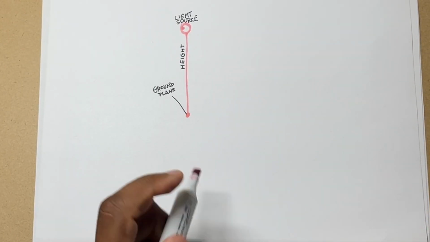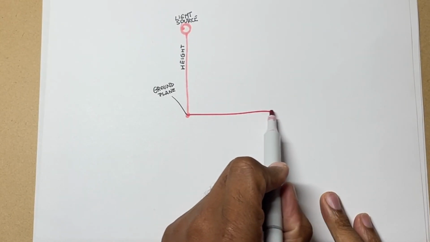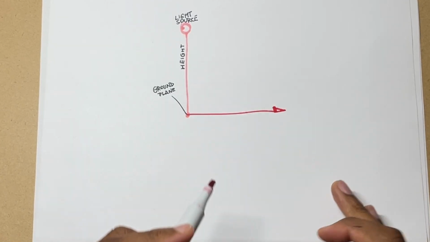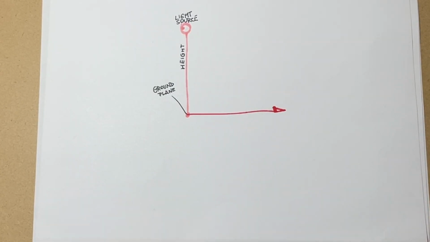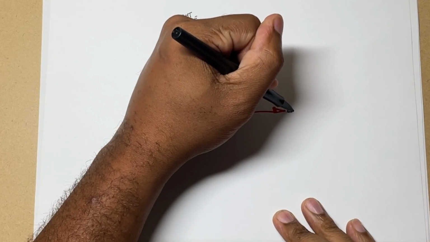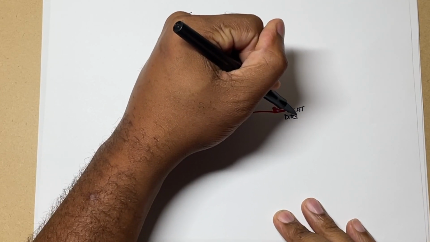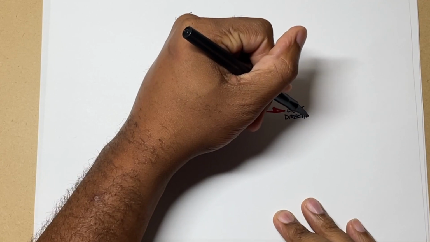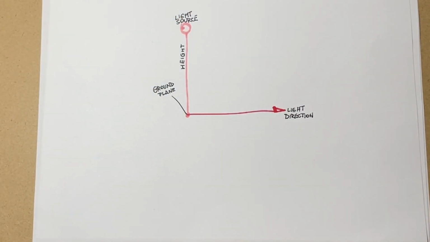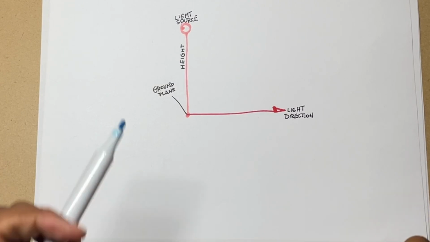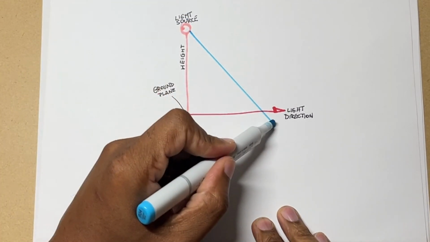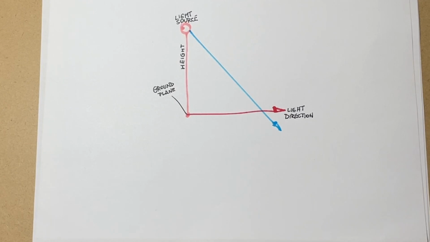And then next, we will draw another line. In this case, this line is perpendicular to the height line. That line represents the direction of the light. And then we will include another line.